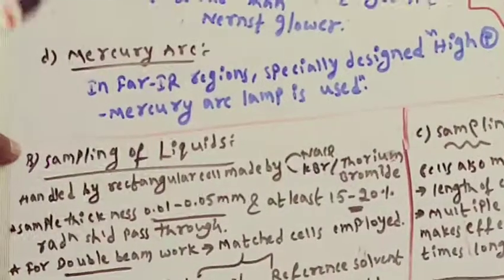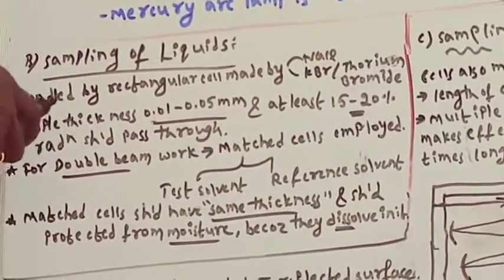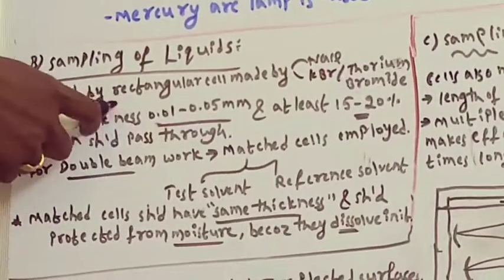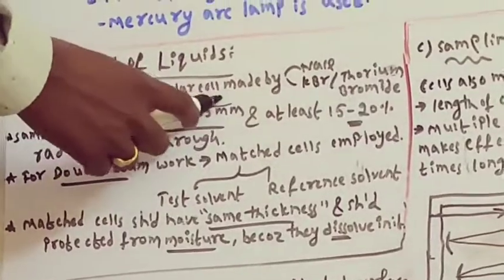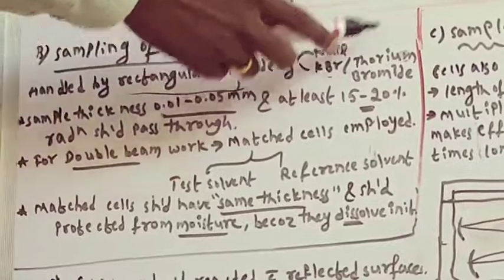Then coming to sampling of liquids. How are liquids analyzed? Here, liquid sample cells. Liquids are handled by rectangular cells made of NaCl or KBr or thorium bromide.